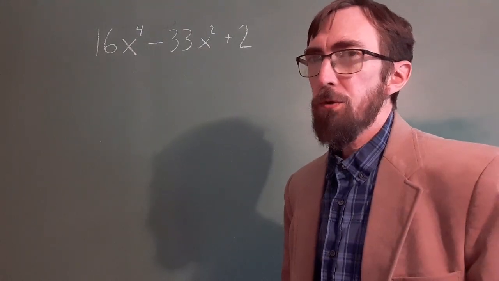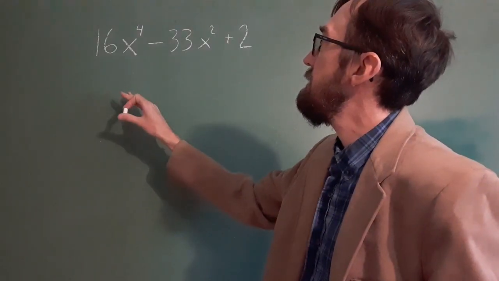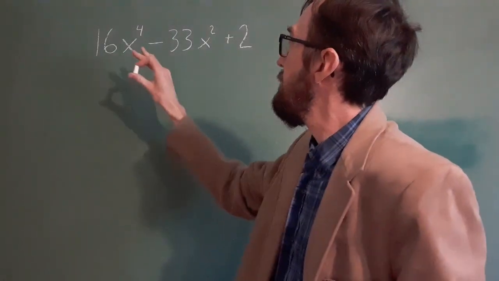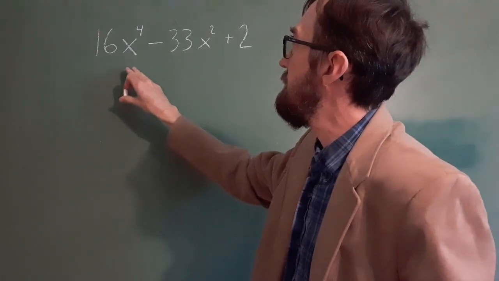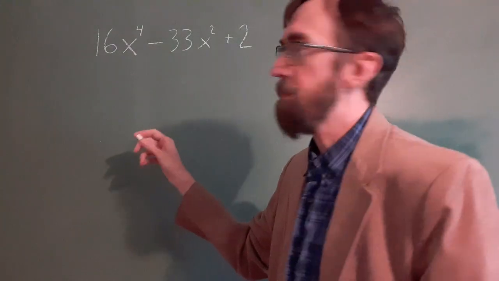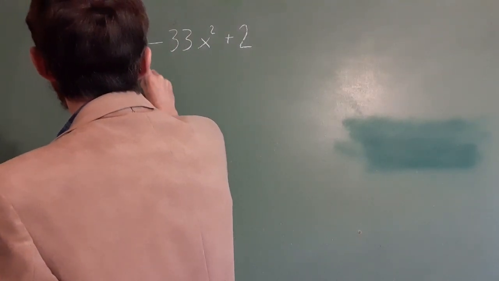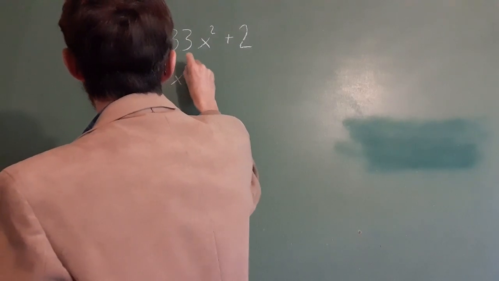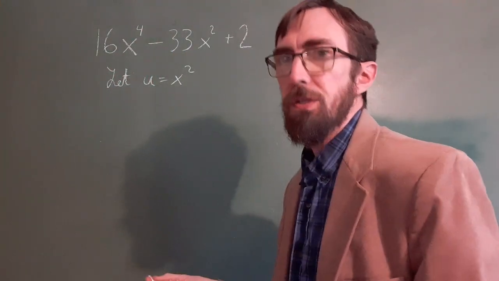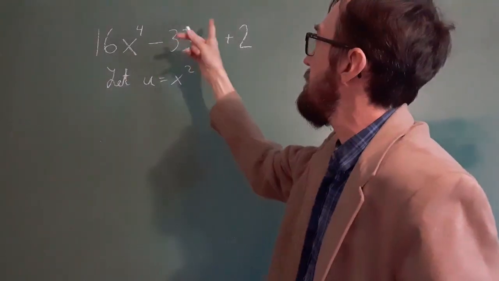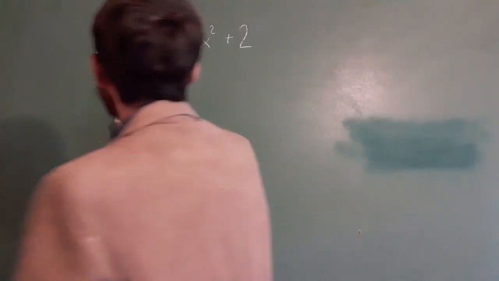The way that I'm going to approach this is to recognize the quadratic pattern in this. If we rewrite this slightly, we can see that it has the quadratic pattern. I'm going to do a u substitution and let u equal x squared, and then substitute that in here.